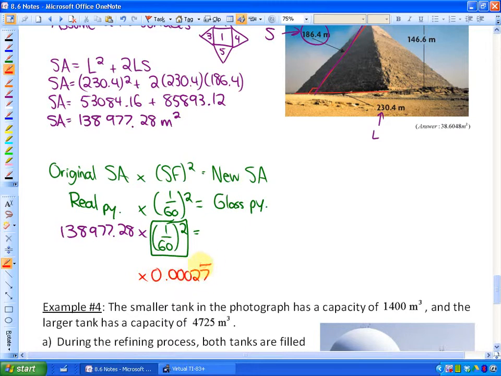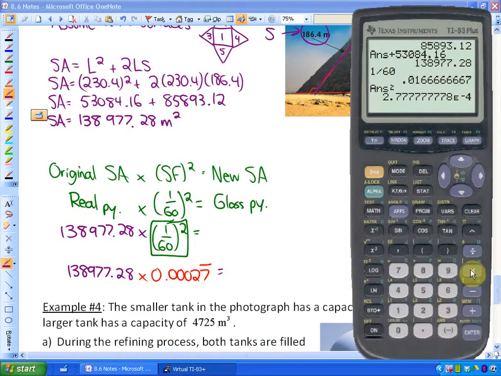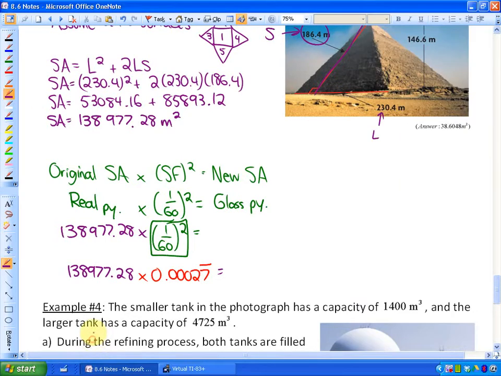If I multiply the surface area of the real pyramid by that value, we get 38.6. So he will need roughly 38.6 meters squared of glass to create his scale pyramid.